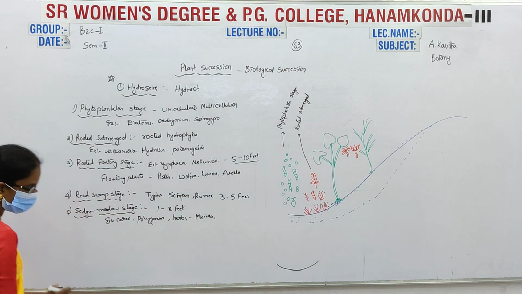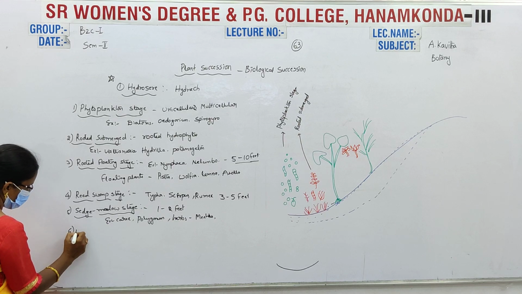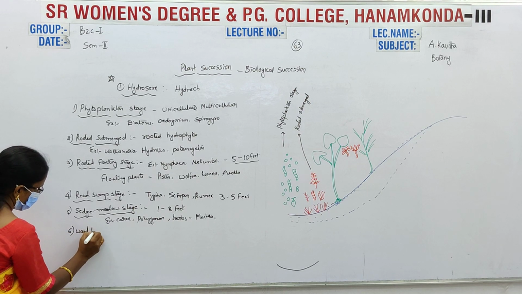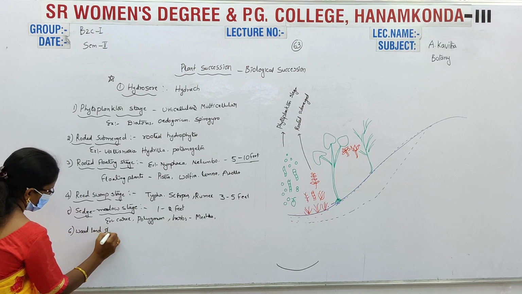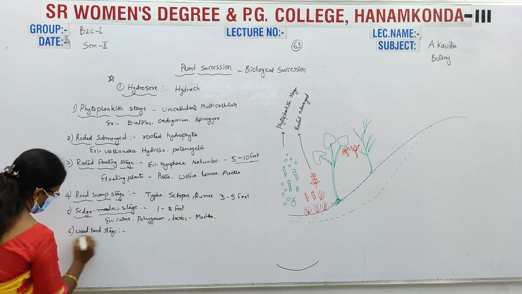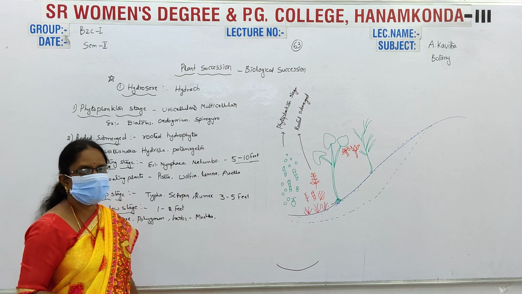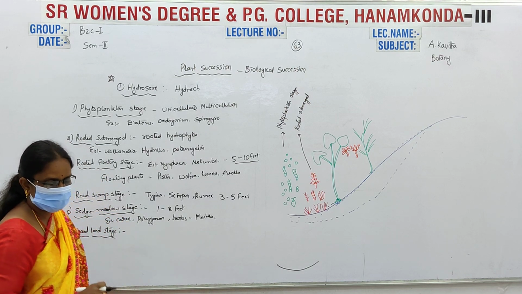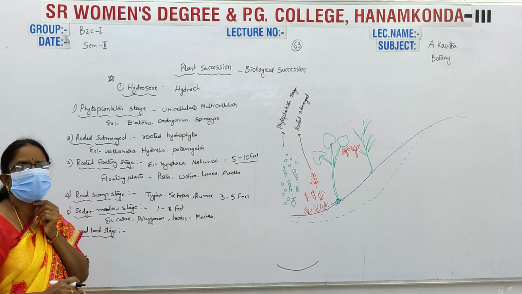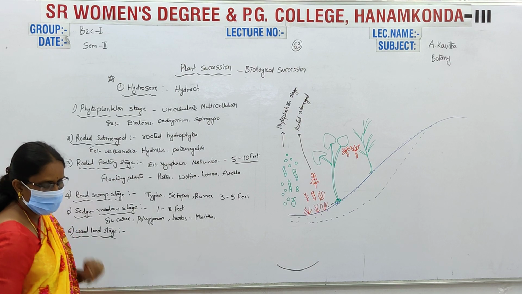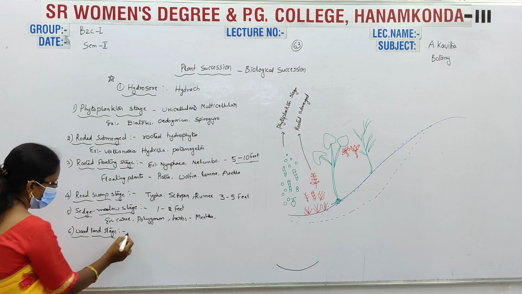And next one, the sixth one, is the woodland stage. In the woodland stage, small shrub plants are also developed.